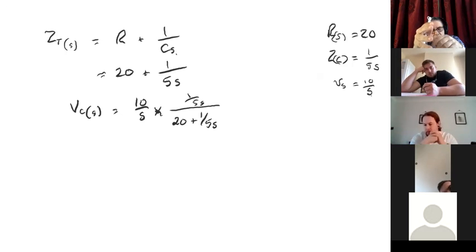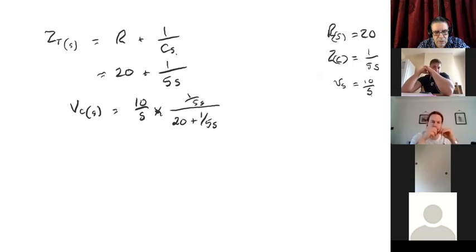So we've converted our resistor to S space, and all you do is just use the number. We've got a 20 ohm resistor, so R in S space is 20. Notice that you drop the units off. You don't call it 20 ohms anymore. It's just 20. The capacitor in S space is 1 over C times S, so we've done 1 over 5S. And the voltage in S space is the voltage value over S.